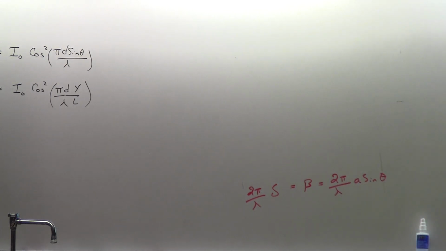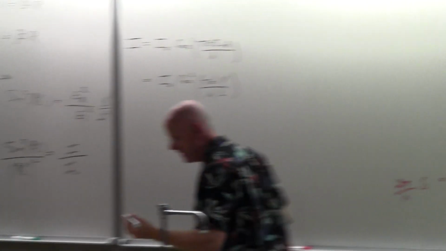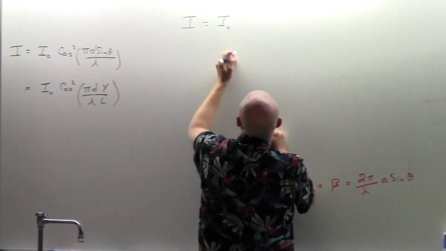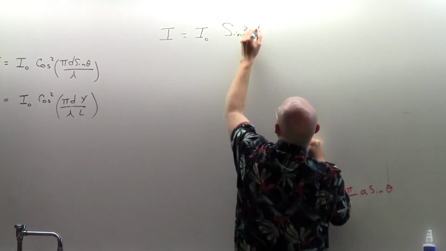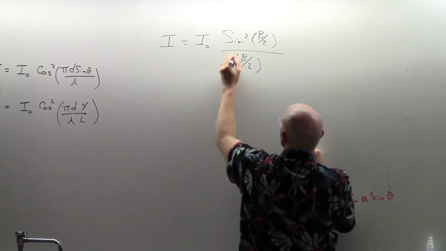The result we get, and like I said, maybe pretty surprising, is I have an equation for the intensity. The intensity then is I naught times sine squared beta over 2 over beta over 2 squared.